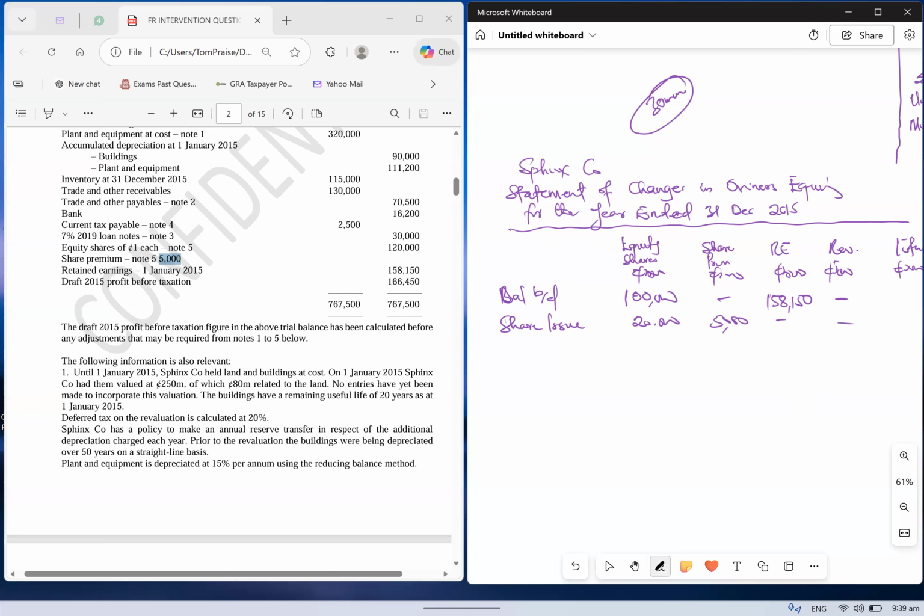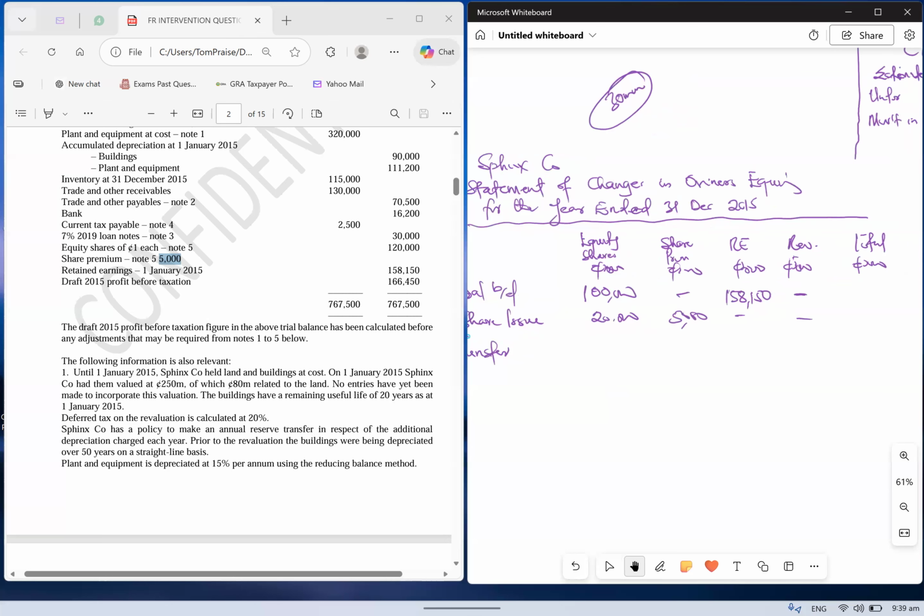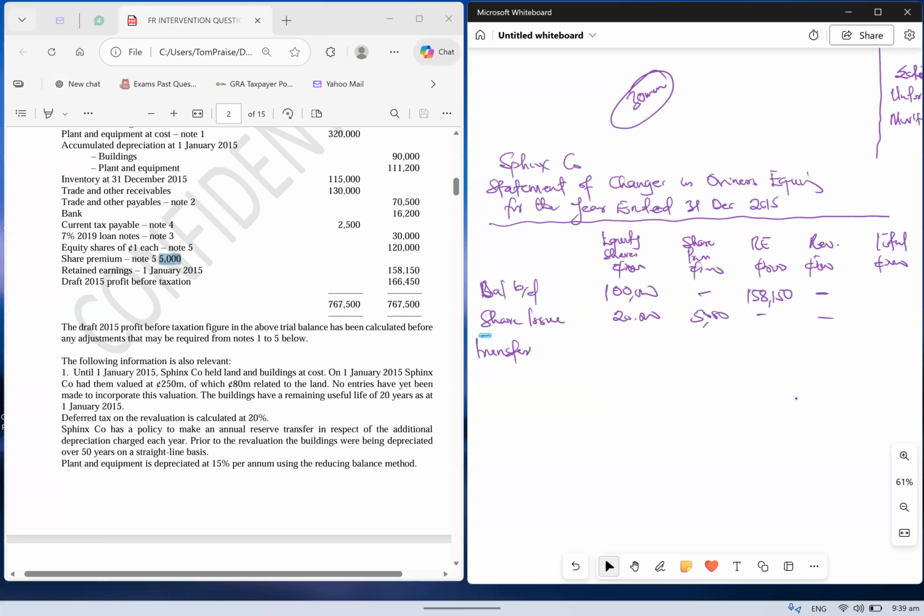Then the transfer that we did, the one we took from OCI to the revaluation surplus, I have not brought it. So let's just put the revaluation surplus somewhere. Revaluation surplus was how much? 140,000. And we did deferred tax on it, right?